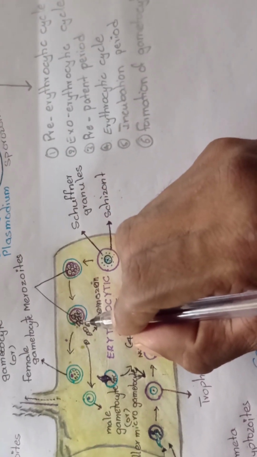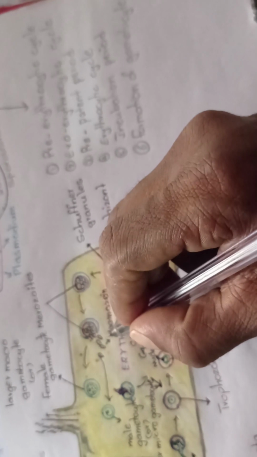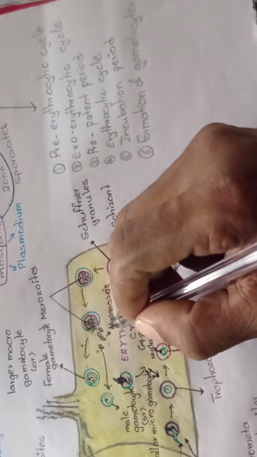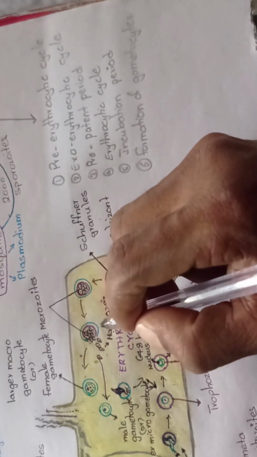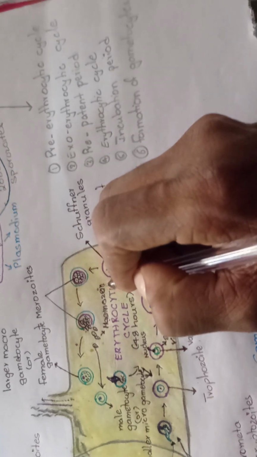When the merozoites rupture, they are released out. From these merozoites, the hemozoin is also present. This is the malaria pigment.